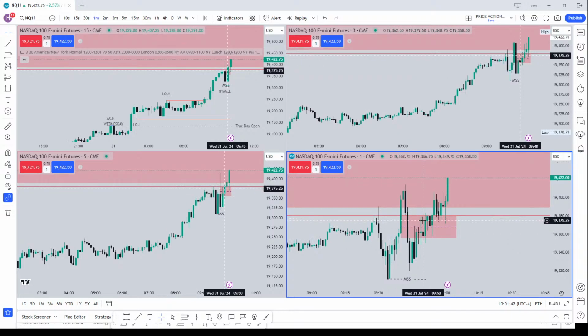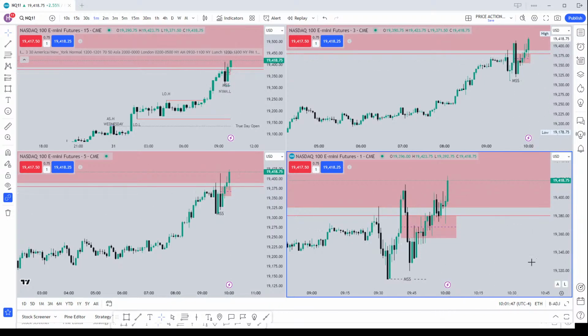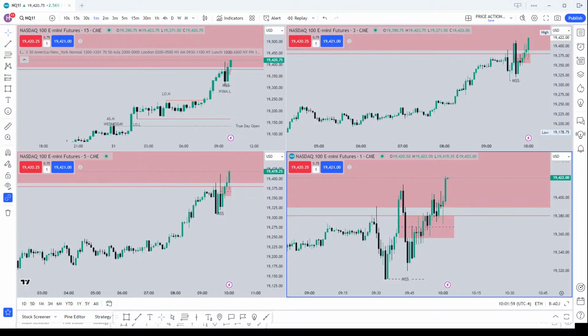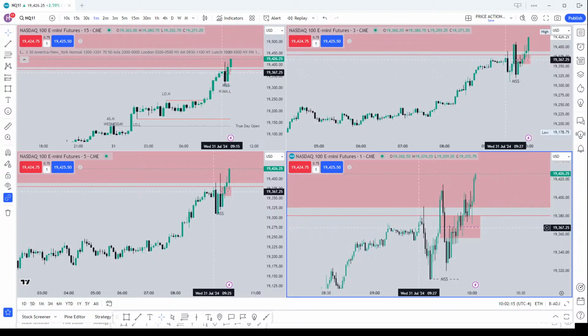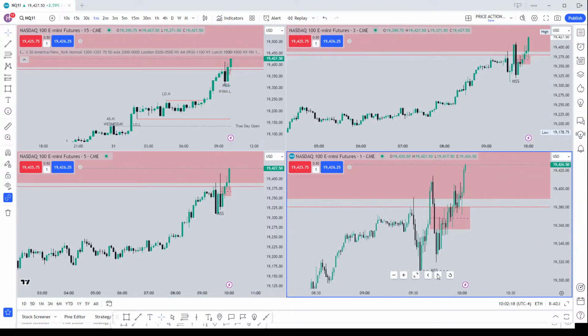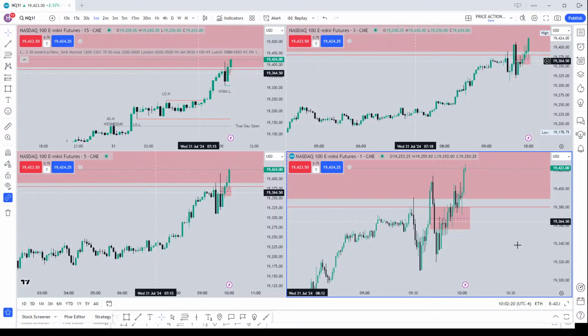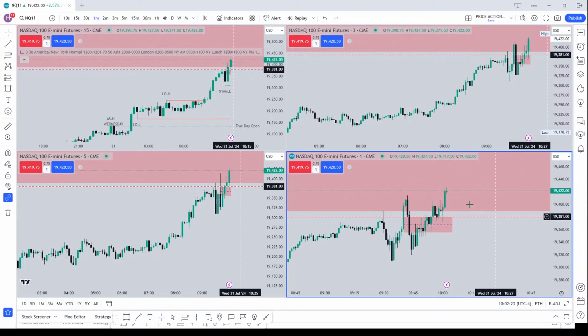I can see a lot of shorters here would have shorted, got stopped out, shorted, got stopped out. Alright, and we are pumping higher.